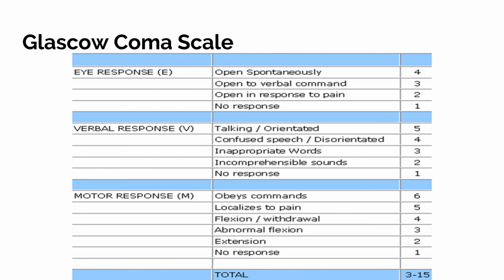Decerebrate posturing means an outward extension of the legs and the arms, where the arms rotate out and the palms go up and outward.